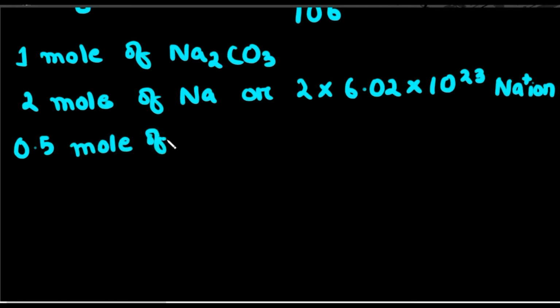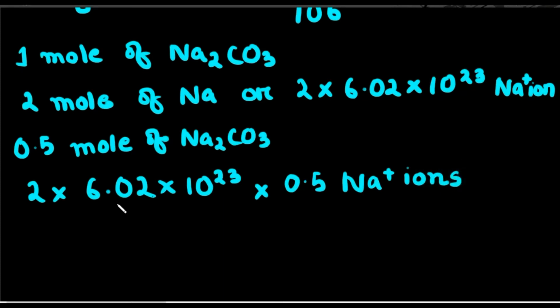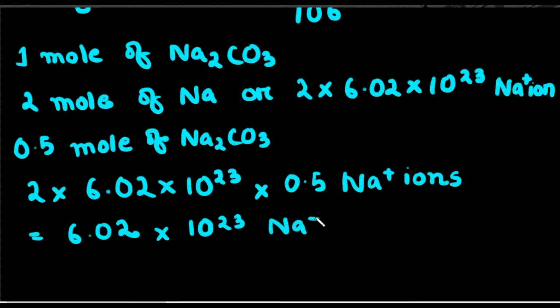So 0.5 mole of sodium carbonate will contain 2 into 6.02 into 10 to the power 23 into 0.5 sodium ions, which will be equal to 6.02 into 10 to the power 23 Na plus ions.